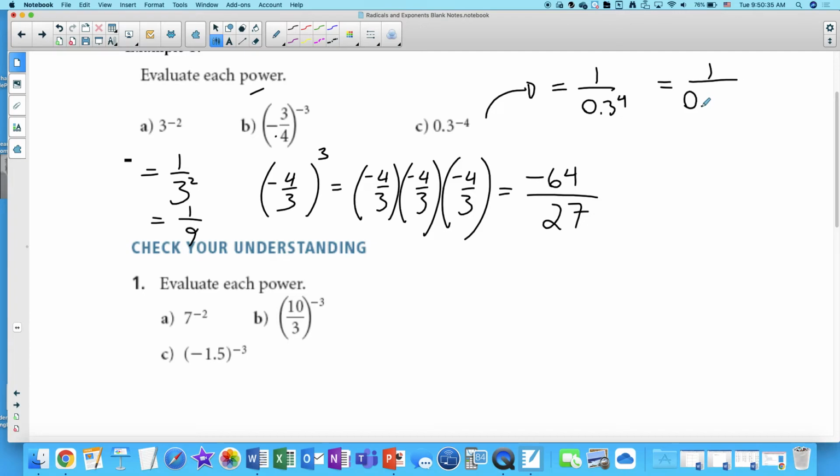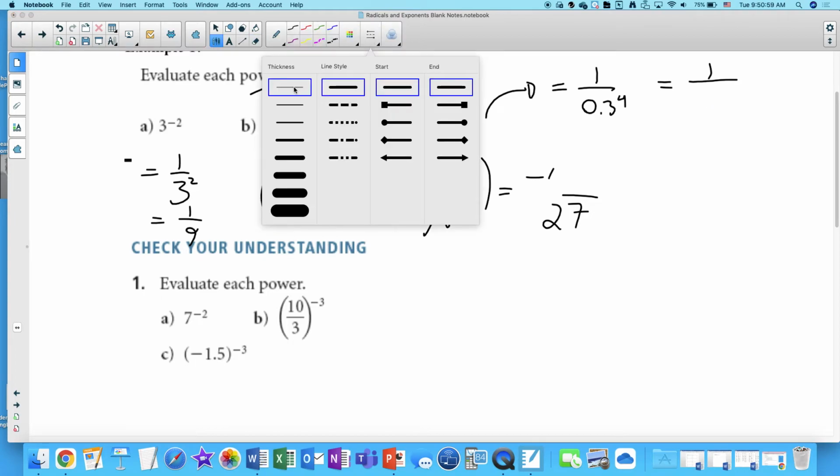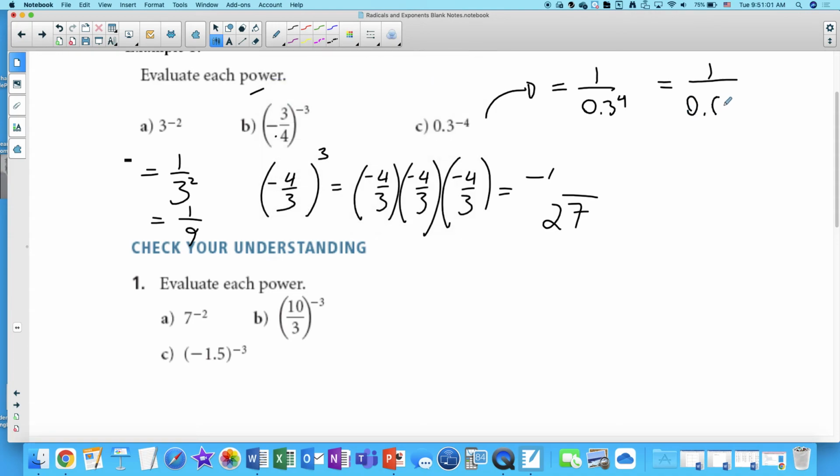I think I have one too many zeros in there. Can someone check? Do I have one too many? Okay. The 81 is in the thousandths position. Okay. So it's 0.0081. Okay? Now there's nothing mathematically wrong about this, but it's kind of like bad grammar.